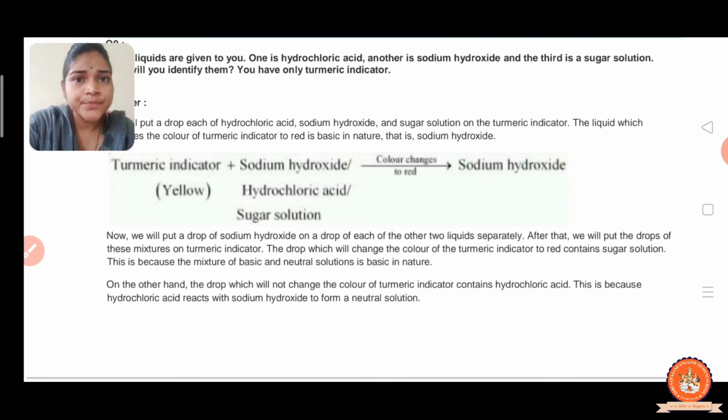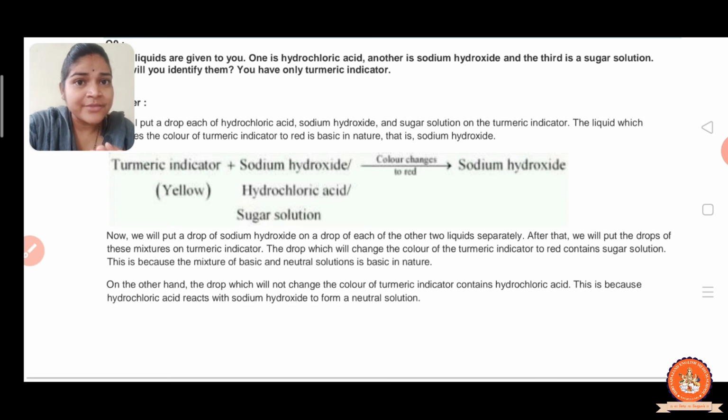Now what do we do? Add sodium hydroxide solution to the hydrochloric acid, and to the sugar solution also. First we take the hydrochloric acid and the sodium hydroxide solution.